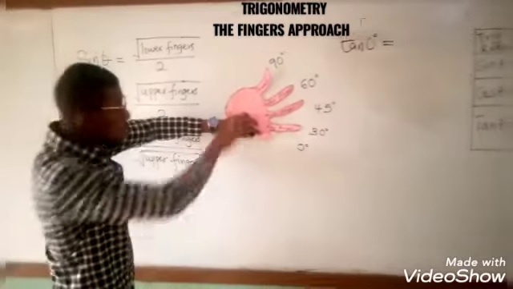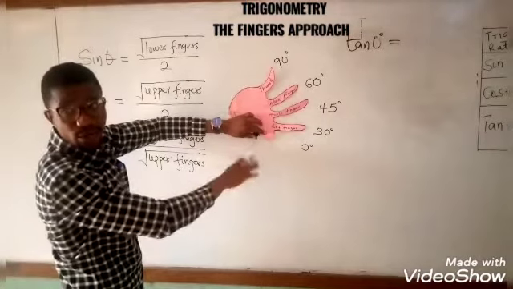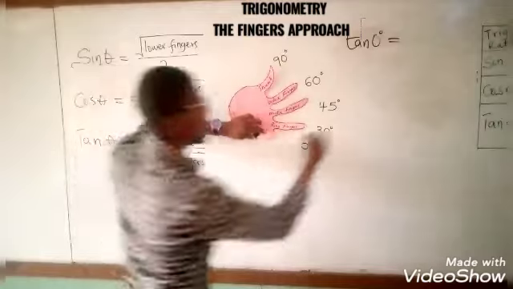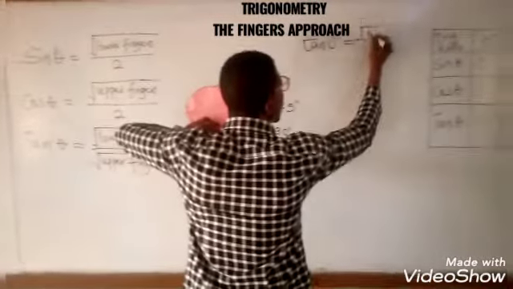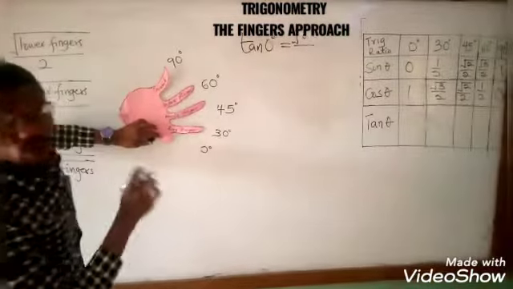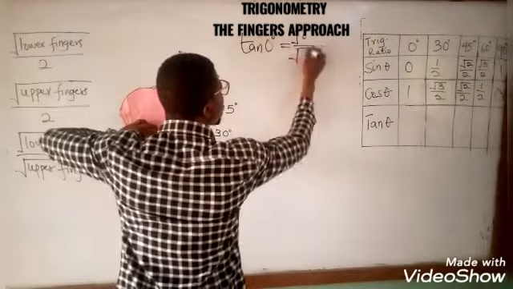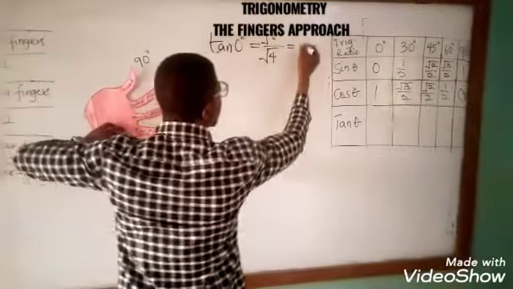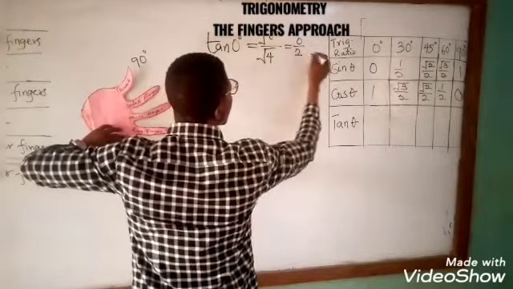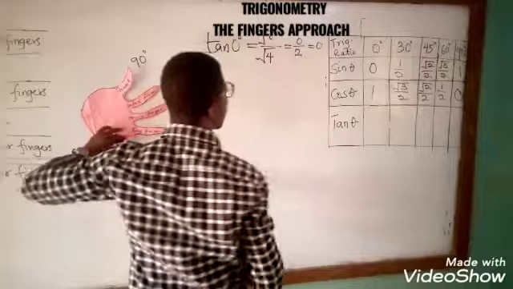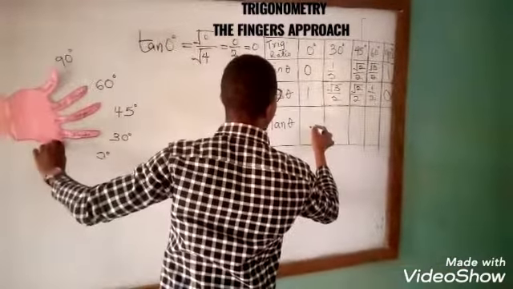For the square root of the lower fingers, we have no lower finger found here. We have the square root of 0 divided by the square root of the upper fingers, 1, 2, 3, 4. The square root of 4. We have 0 divided by 2. At the end of the day it is 0. So tan 0 is 0.